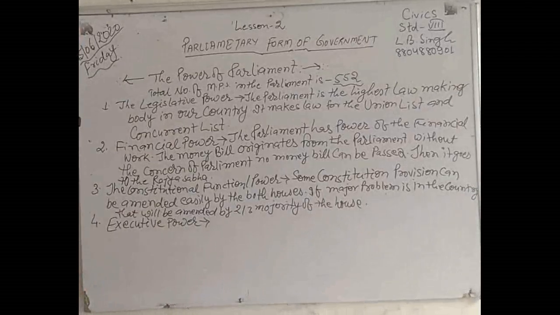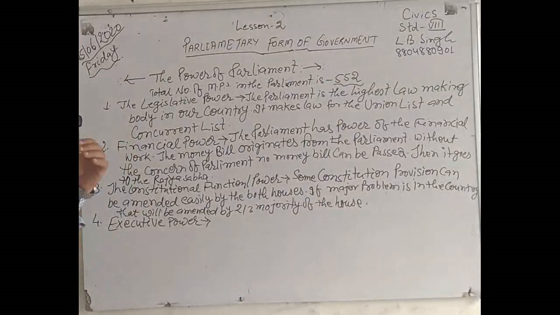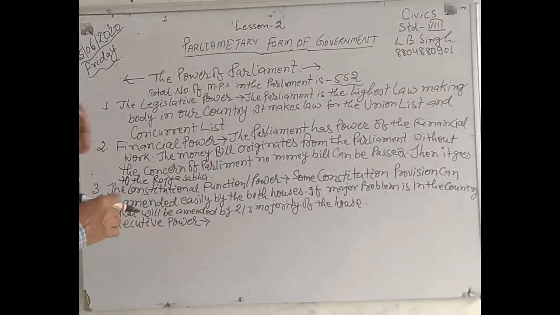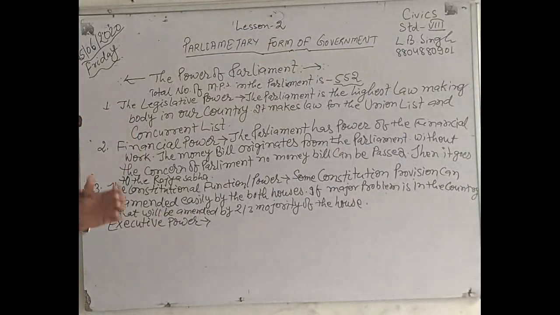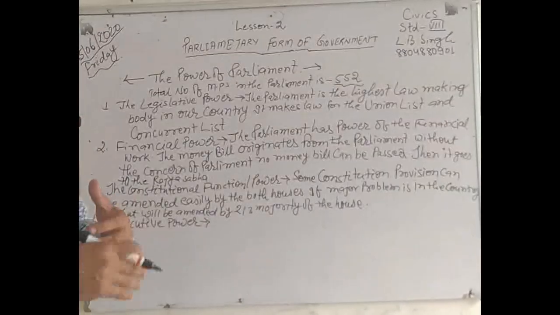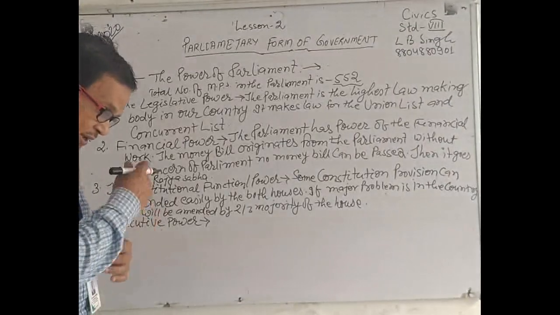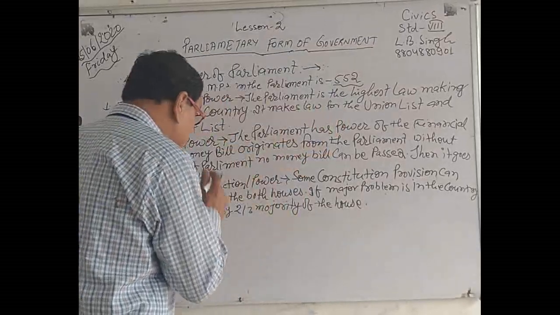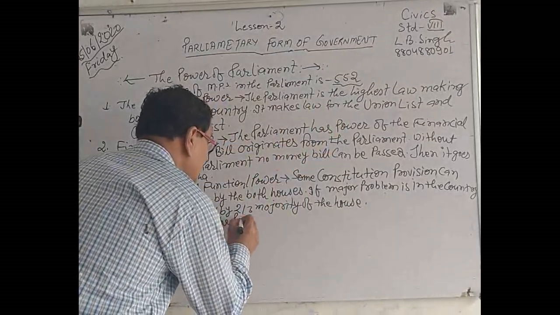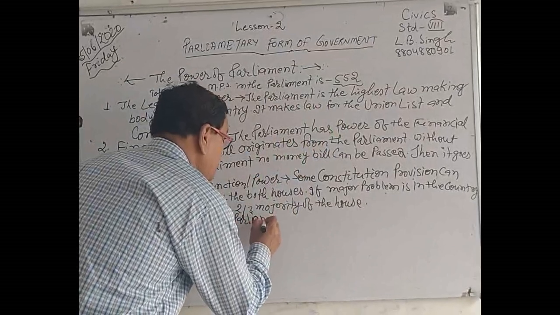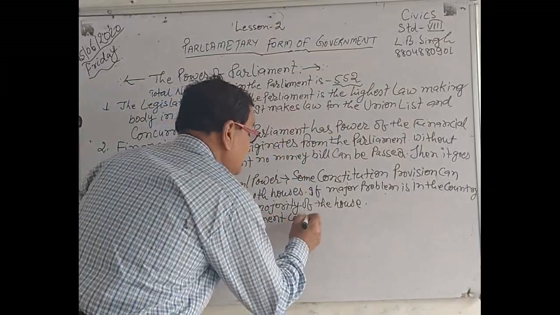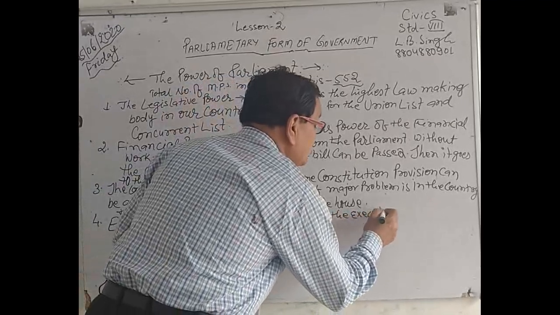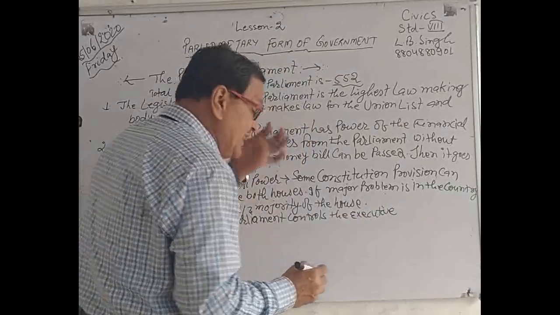Executive means the laws passed by the parliament or the legislatures will be implemented by the concerned department of the minister, which is called the executive. The parliament controls the executive.